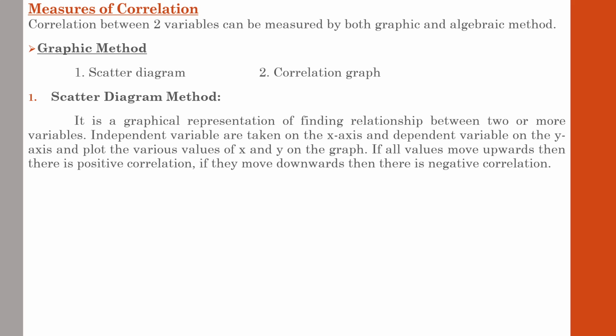If the points show some trend either upward or downward, the two variables are said to be correlated, as we have seen in the figures of a correlation diagram in the previous slide, just like that. If the plotted points do not show any trend, meaning it doesn't show an upward movement from left to right or a downward movement from left to right, then in that case the two variables are not correlated.